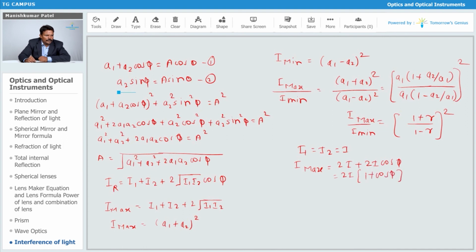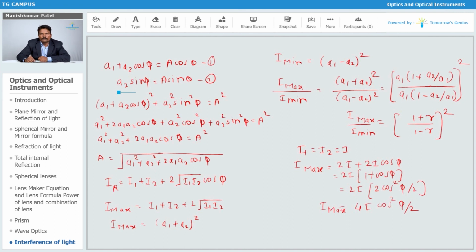Now 1 plus cos phi is equal to 2 cos square phi by 2, and then that is your 4I cos square phi by 2. So this is what we can say about the maximum intensity, and that is also one of the cases where we can find the maximum intensity.